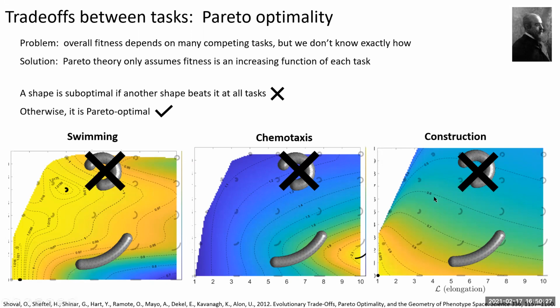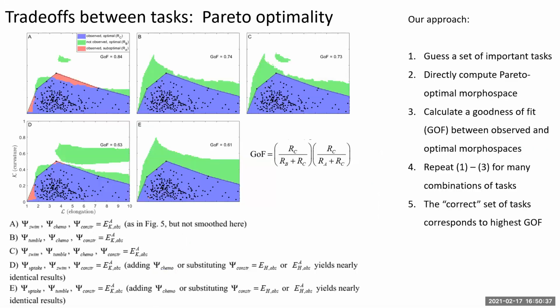So we kind of just brute forced, compared all these shapes to each other and figured out which are Pareto optimal and which are suboptimal. We didn't really know which tasks are important, so we just brute forced it. We took all different subsets of the tasks I went over: the swimming efficiency, chemotaxis, tumbling ease, construction cost.